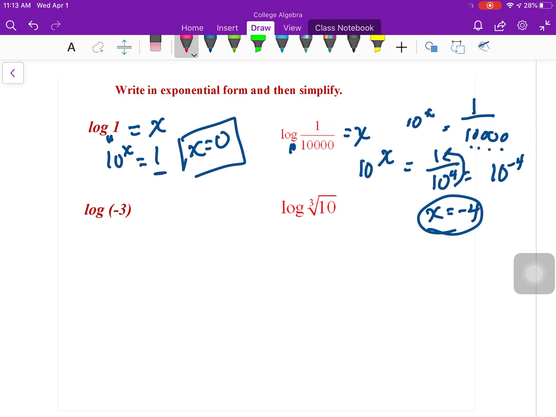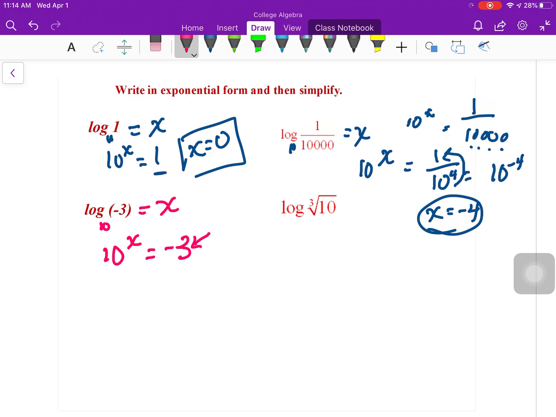Okay, log of negative 3. No base, so its base is 10. We're going to say equals x. So 10 to the x equals negative 3. Can you ever get a negative value? No. Yesterday we learned all logs or exponentials approach 0. They just never cross over 0.